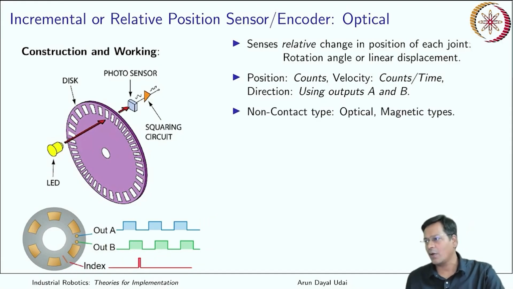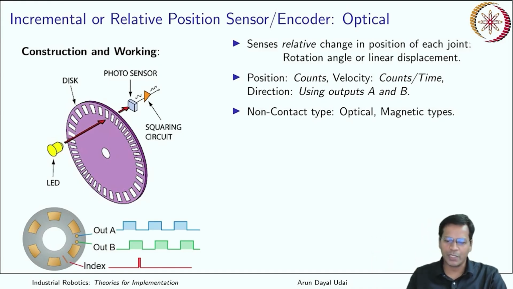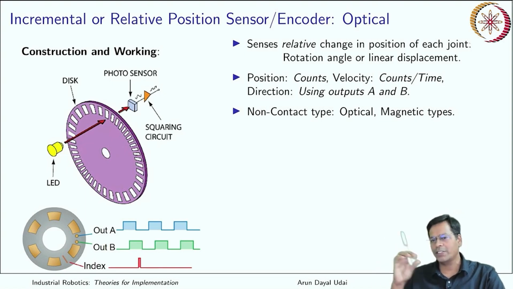And it is a non-contact type of sensor. It is an optical sensor. It can be of magnetic type also. What is the magnetic type? You must have seen, in older days, the magnetic cassette. It has data written at every location, and you have a pickup head that can read that data.